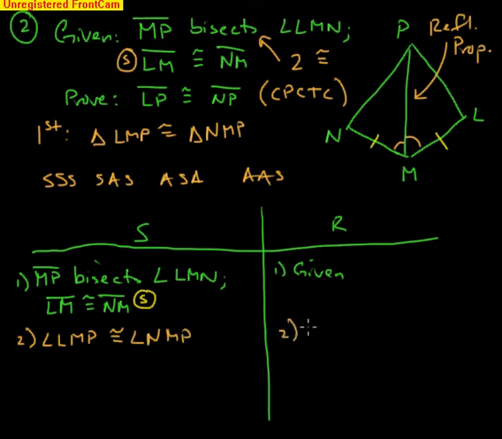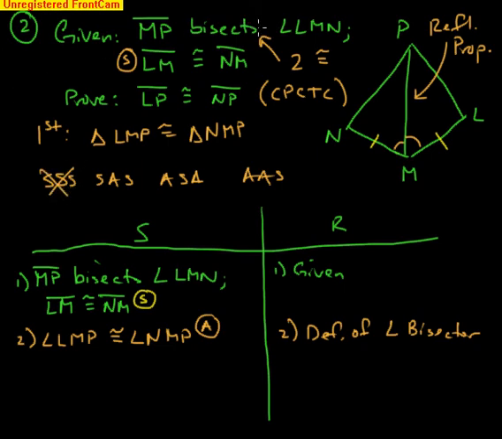And this is by the definition of an angle bisector. And there's one of our angles. So we throw away side, side, side.